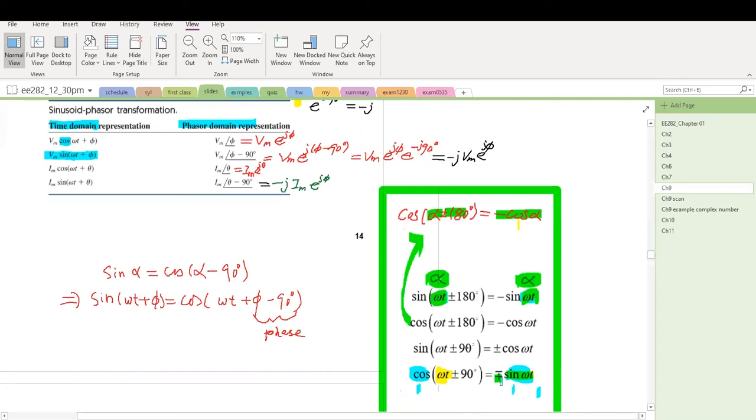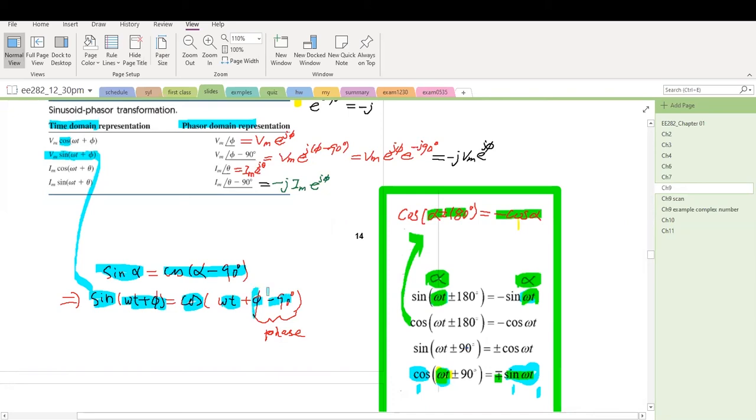Sine omega t equals cosine omega t minus 90 degrees. Here omega t is really alpha, so sine alpha equals cosine alpha minus 90 degrees. Therefore, sine omega t plus phi equals cosine omega t plus phi minus 90 degrees.